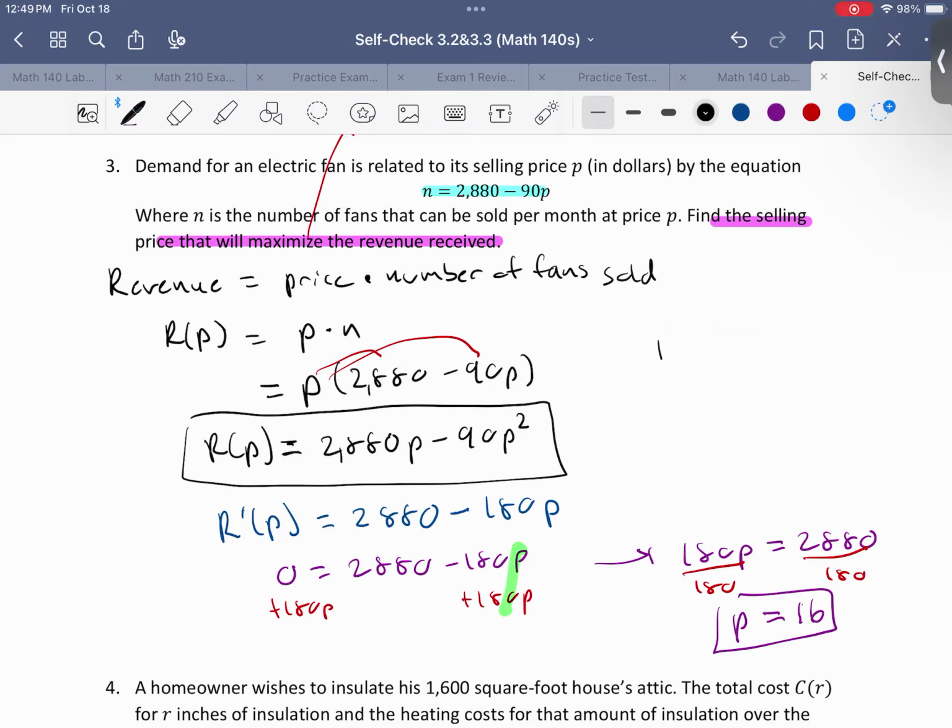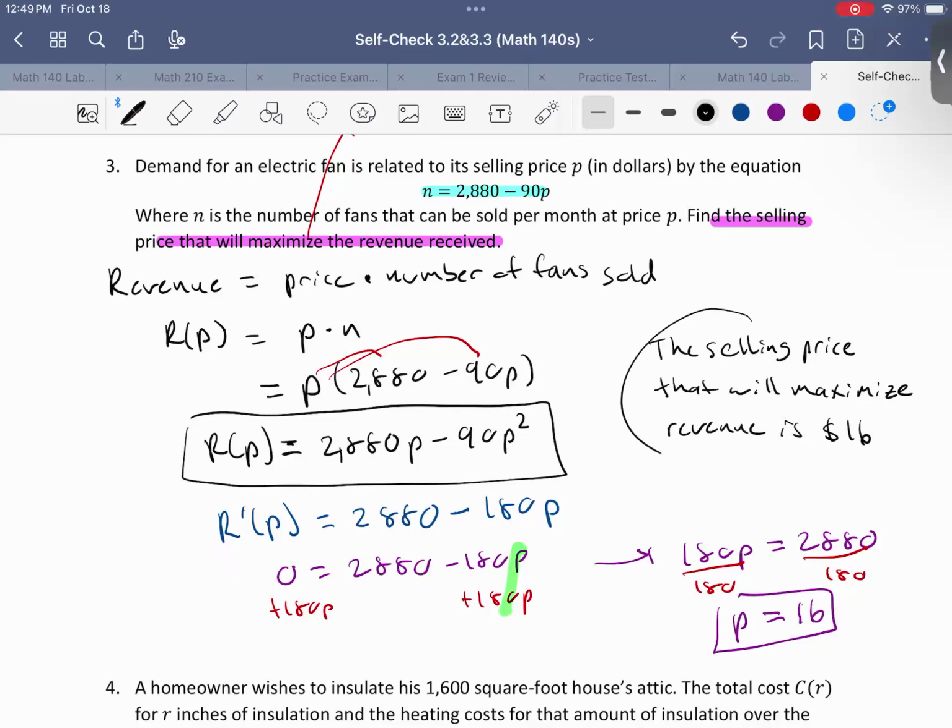That the selling price that will maximize revenue is $16. And that's my answer.